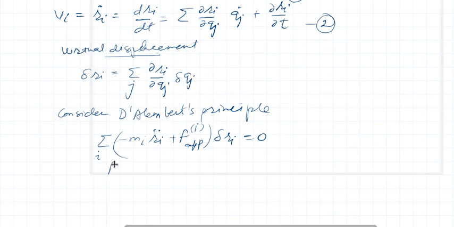And here, for the sake of simplicity, we will replace the applied force fi by Fi simply, so that we can use a simplified notation.